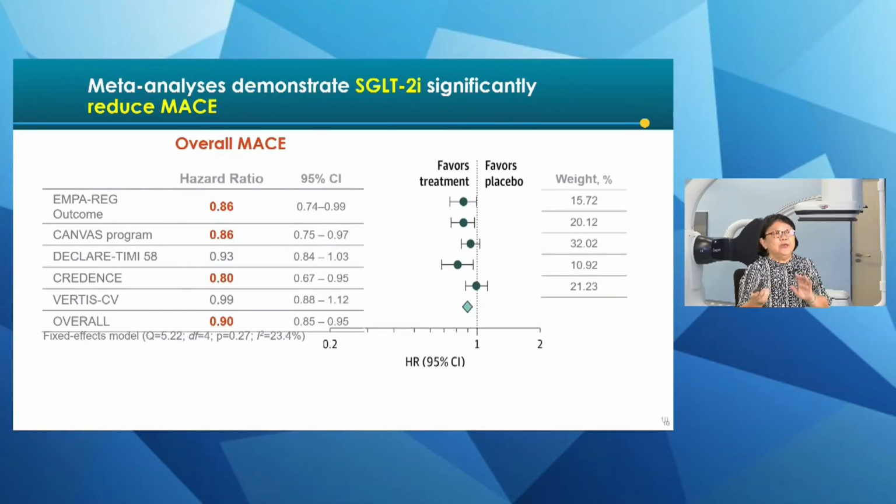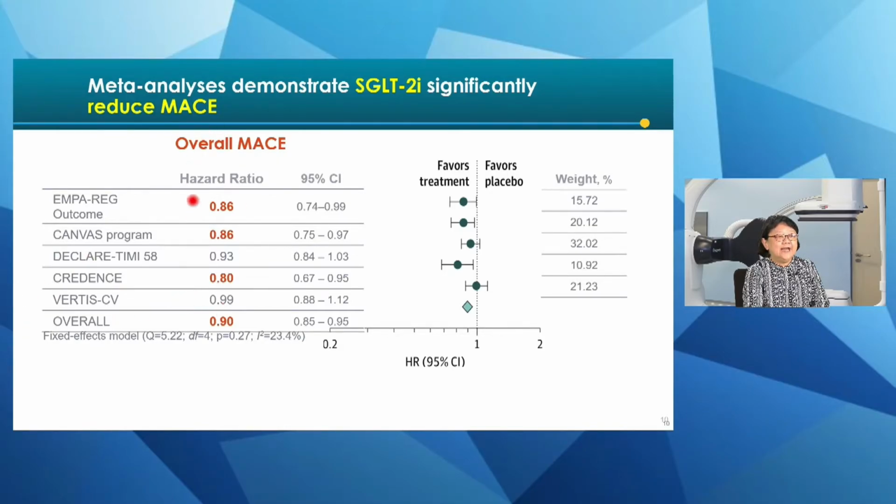Now let's move away. The next two slides are looking at all the trials in SGLT2, this first one, and all the trials in GLP-1, and looking at each of them in terms of their MACE outcomes. After all, these are all cardiovascular outcome trials, right? So here you have the SGLT2, the famous trials, EMPA-REG, CANVAS, DECLARE, VERTIS CV.